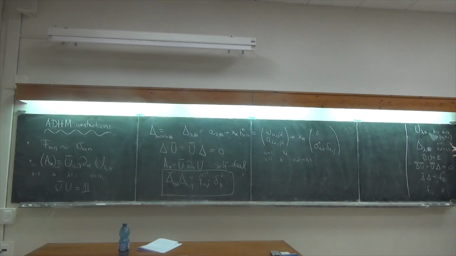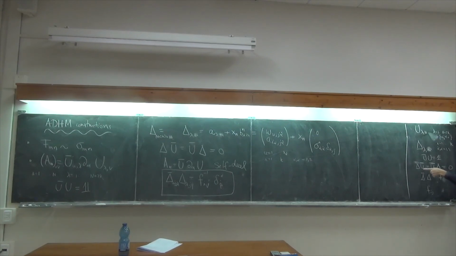I goes from 1 to k, and alpha dot is 1 to 2. Delta is a matrix lambda, a matrix n plus 2k times 2k, and it's lambda I alpha dot. I write explicit names so that you immediately remember how big these matrices are. Then u bar u is 1.